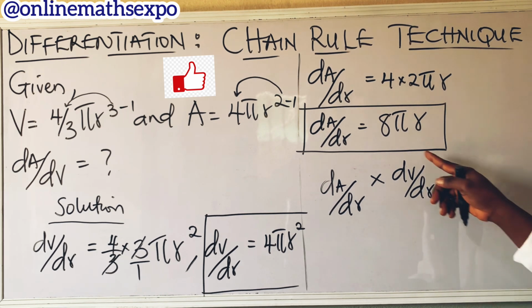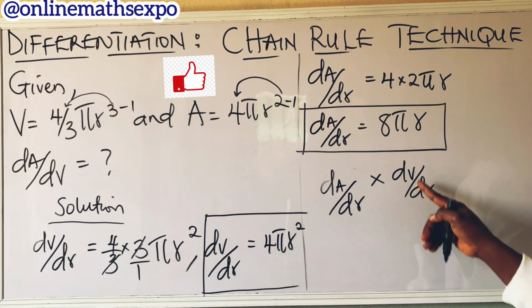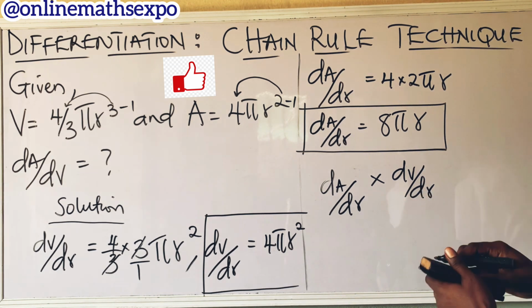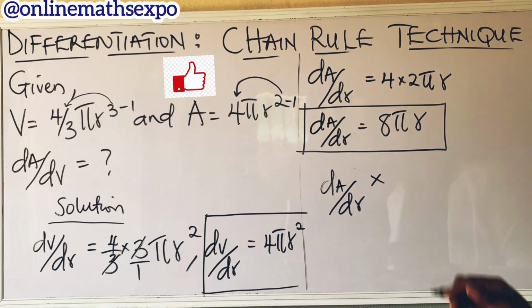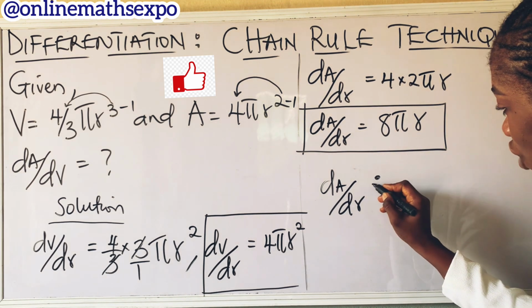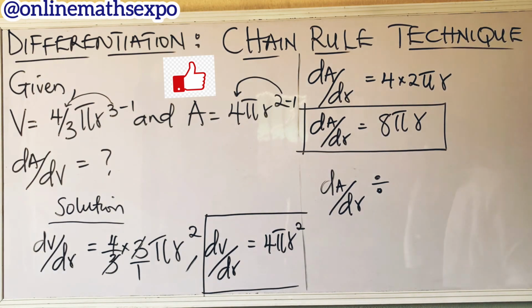But what if we try to reverse this so that it will suit what we are looking for? In that case, if we're reversing it, we are going to replace it with a division sign. I hope you are getting it.